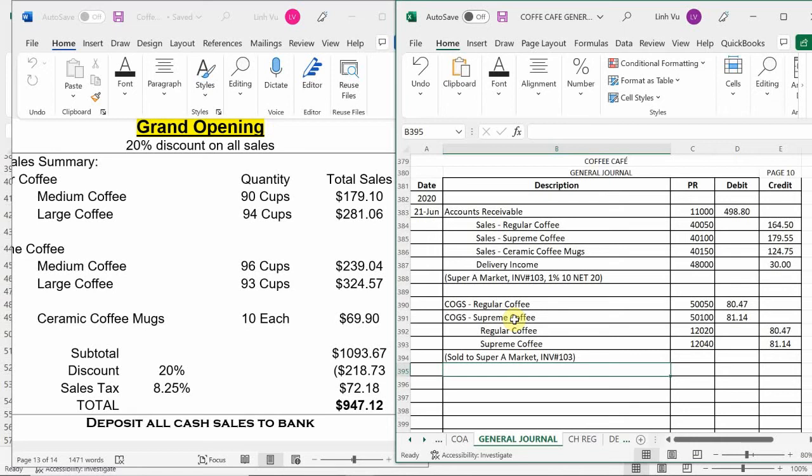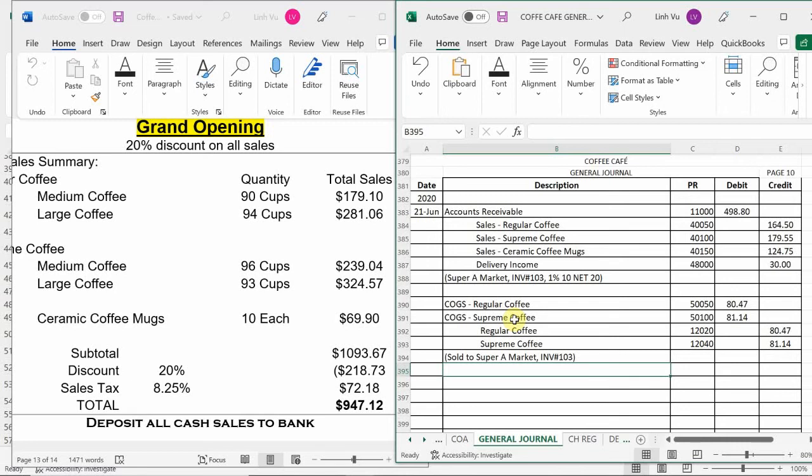Okay, we're doing in-store sales. What is it going to include? The cups of coffee.